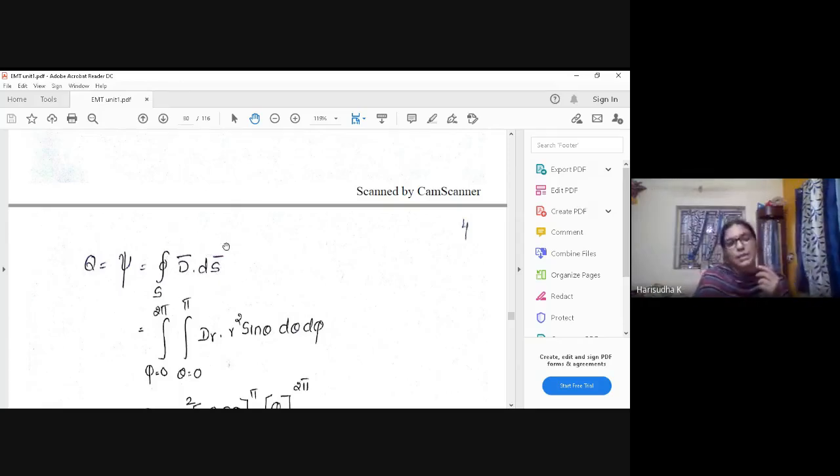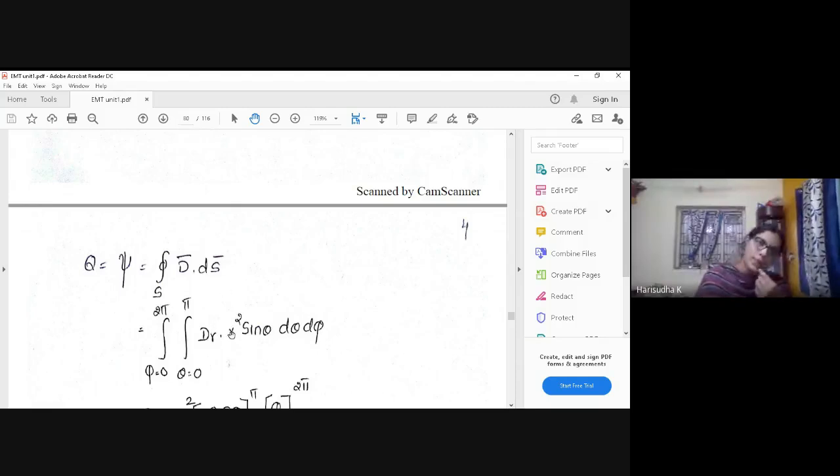In the place of D, I have used the term Dr just to differentiate the terms. D is nothing but D only. Since it is with respect to the radius r, I have represented it as Dr. And this dS is the differential surface with respect to r, which I have referred from the spherical coordinate system.